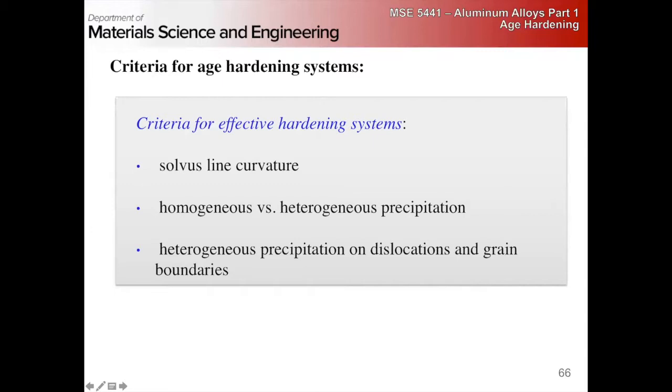Homogeneous versus heterogeneous precipitation. If I want effective hardening, I want to nucleate my initial metastable phase homogeneously, so it's uniformly distributed throughout my system, right? I'm hitting these points again and again and again, right? Because it's really important. We want a uniform dispersion of fine precipitates for strengthening.